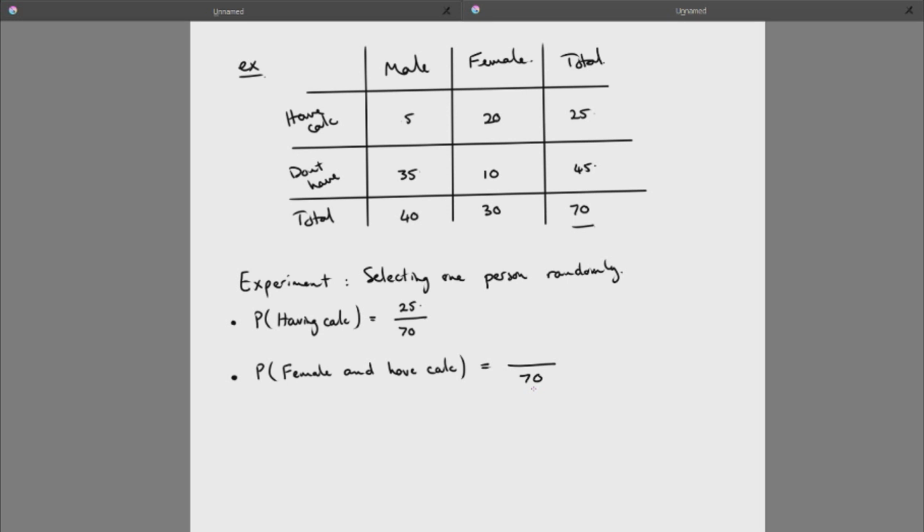But now my restriction, telling me which people I'm interested in, has two parts. It needs to be female and the person has to have a calculator. So that is the overlap. This is really an intersection. Female and having a calculator, which will only be this 20 over here. So 20 out of 70.